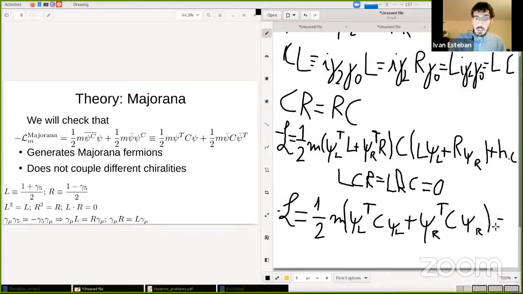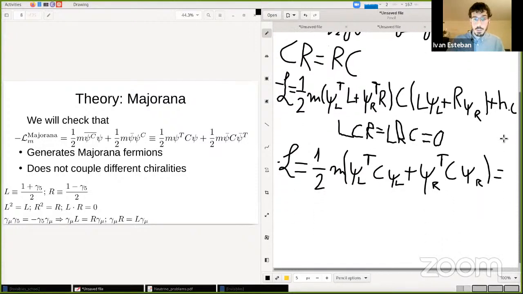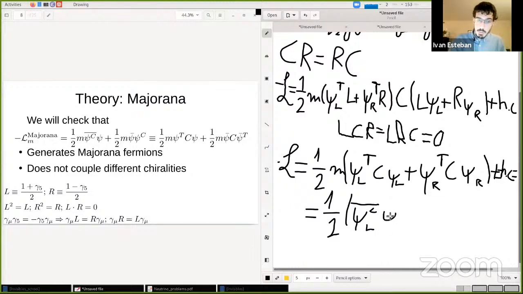And if you go to the definition of the charge conjugate field of a fermion field, this is nothing but 1/2 psi left bar psi left. I will put here the Hermitian conjugate explicitly.